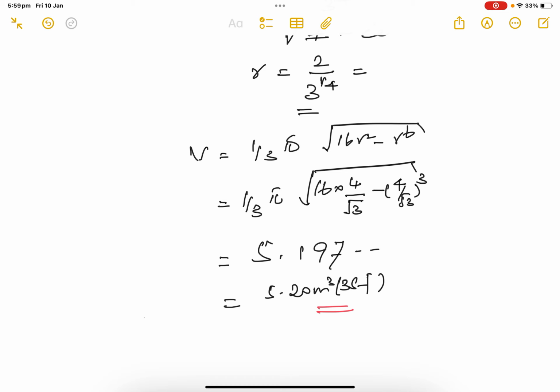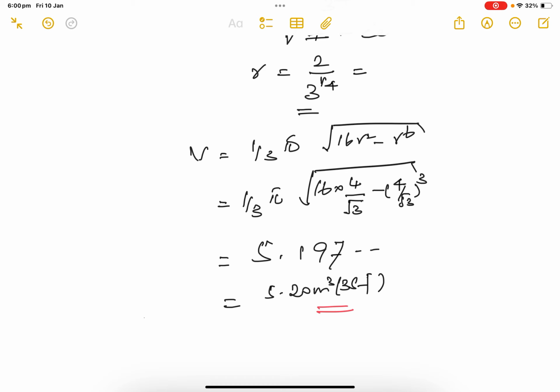Inside the square root, 16 times r squared: if you square 2 over 3 to the power quarter, it will be 4 over root 3. Minus 6 times, so r squared is 4 over root 3, to the power of 3.